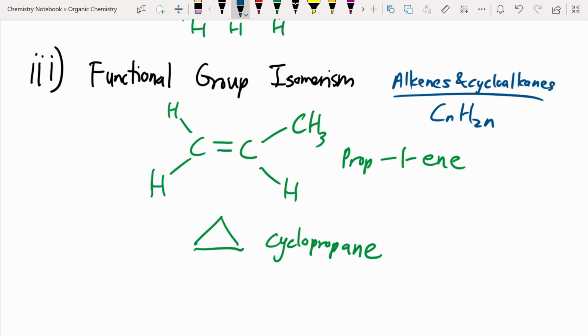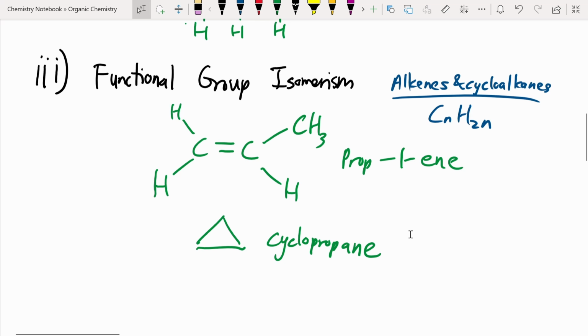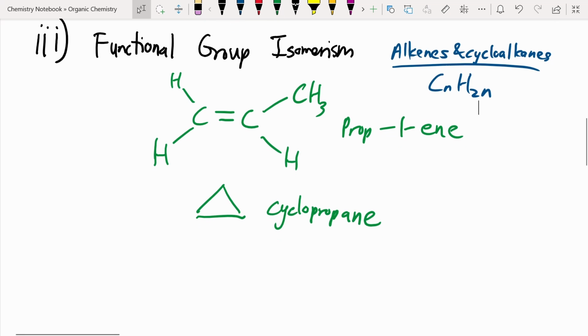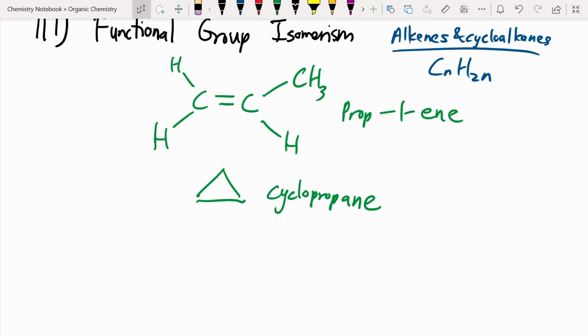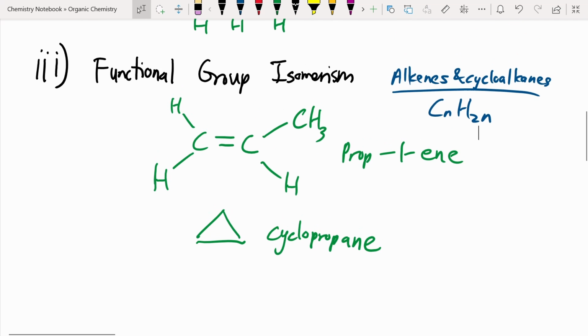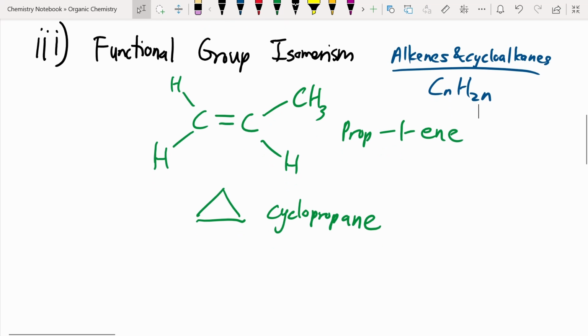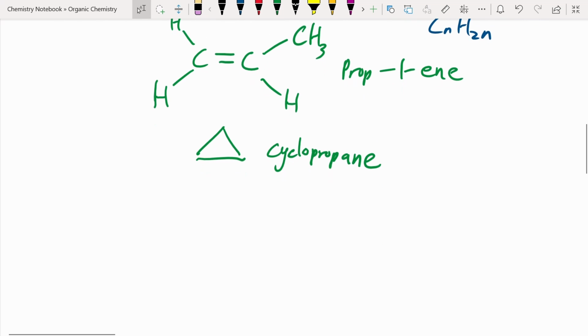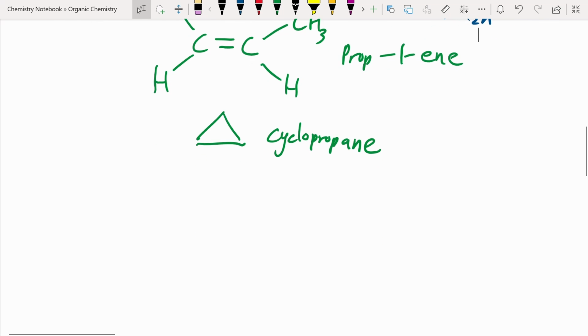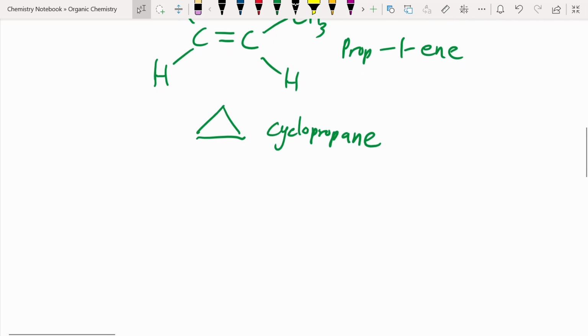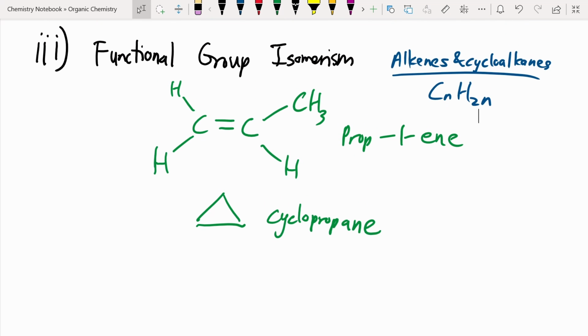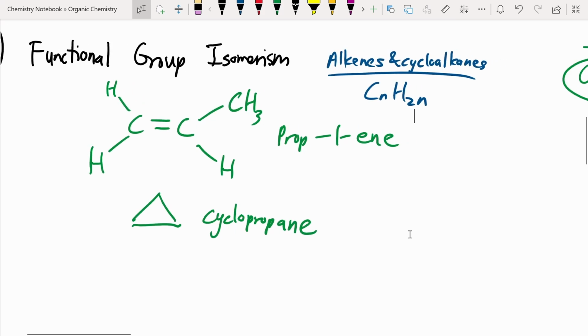So in this case, they can form isomers. You can have an isomer where prop-1-ene has a C double bond in the first carbon, which is the alkene group, or you can have it as a cycloalkane, so cyclopropane, where the three carbons are arranged in a closed chain.